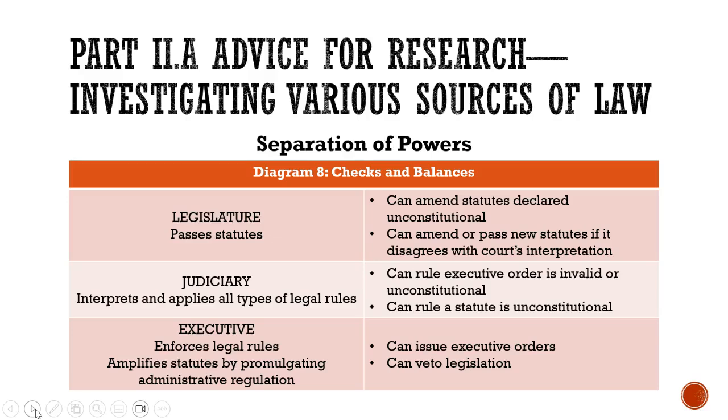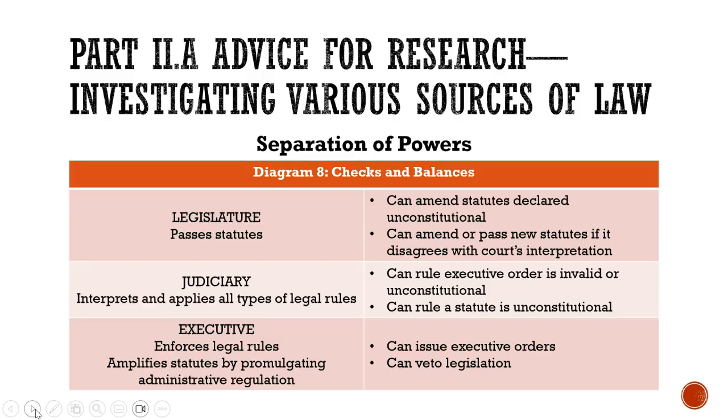And then we've got the legislative branch, the judicial branch, and the executive branch. They're enforcers, and they amplify the statutes by promulgating administrative regulations. So they fill in gaps. That's really a helpful thing to remember about the executive branch of government. They do gap fillers.